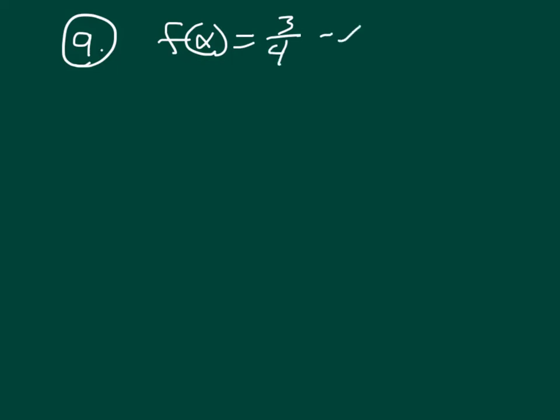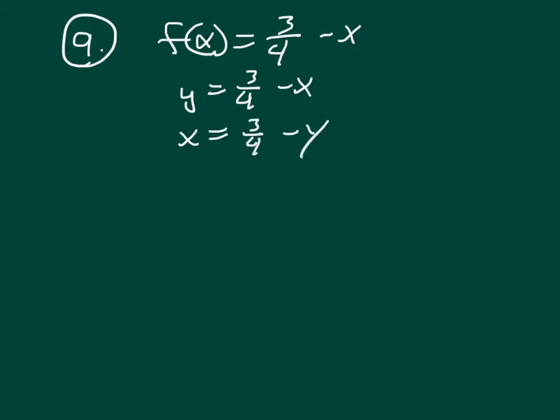All right, let's begin looking at number 9. Again, if you haven't done it yet, go ahead and pause it and work through it. Number 9 says f of x is equal to 3 over 4 minus x. Let's find the inverse first. y equals 3 over 4 minus x. Interchange x and y, so x is equal to 3 over 4 minus y.